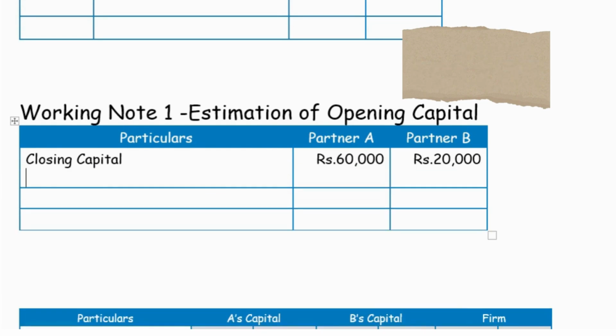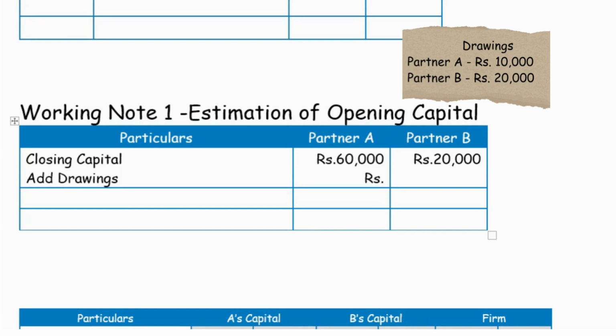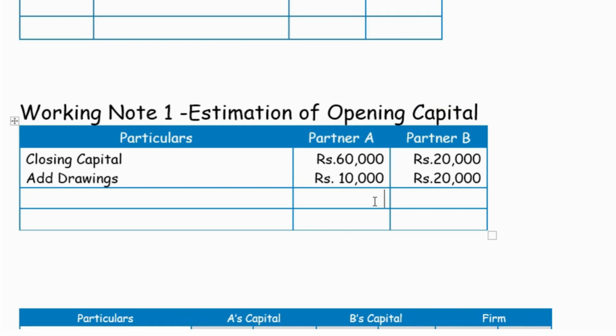With this, we will add the drawings. If this money was not drawn by the partners, it would have remained in the firm. The drawings amount to 10,000 for partner A and 20,000 for partner B. This is to be added, so it works out to 70,000 and 40,000.